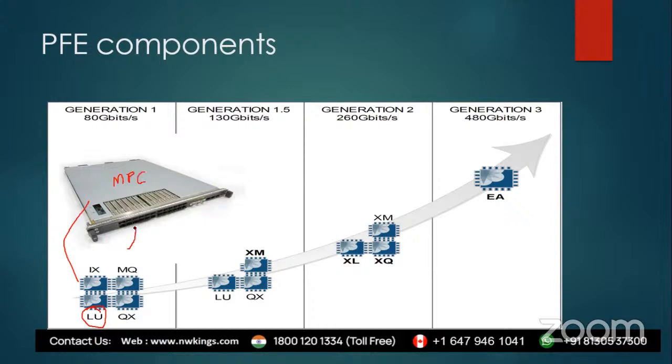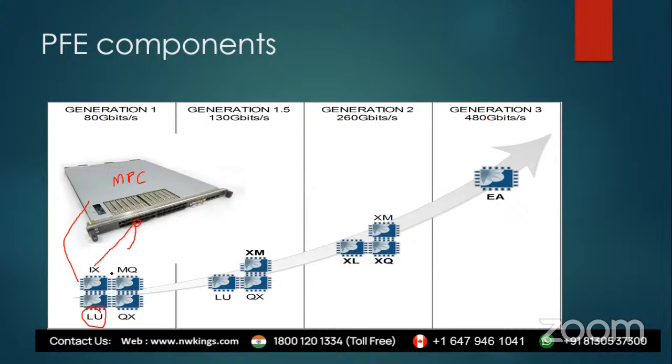Whatever packet arrives on this interface, initially at the SFP background, you will see the IX chipset. After that, it will do the lookup. The basic routing function is to send and receive traffic based on IP addresses.